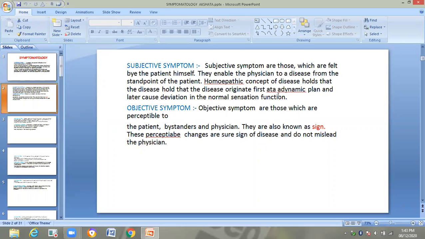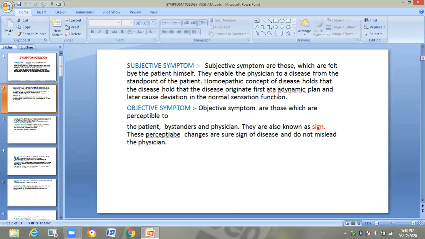So remember, subjective symptoms are only felt by the patient and present no external indications. We cannot find any indication to identify the subjective symptom.